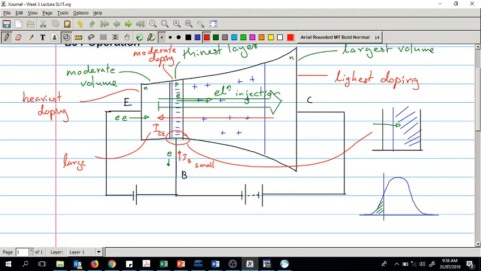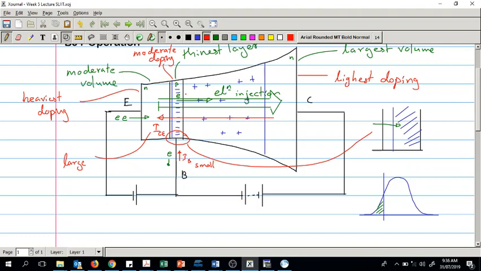On the other hand, if the base has a lower doping concentration, the depletion layer penetration into the base would easily be 100%. To avoid that, we have a larger doping concentration in the base than the collector.